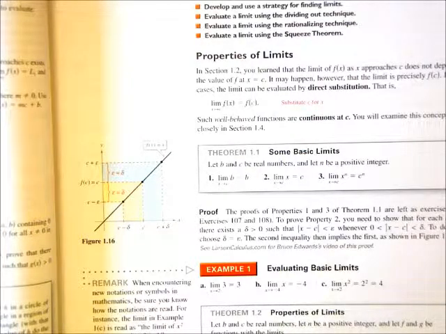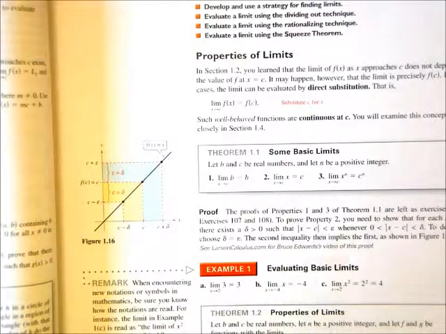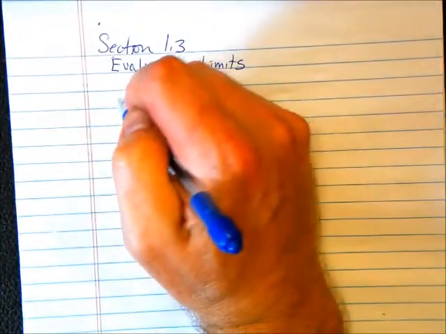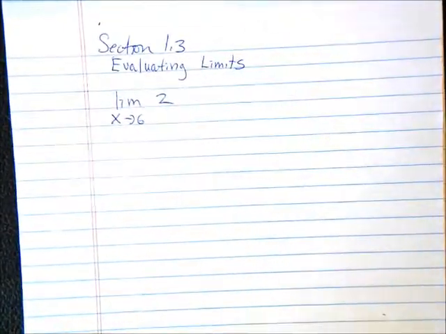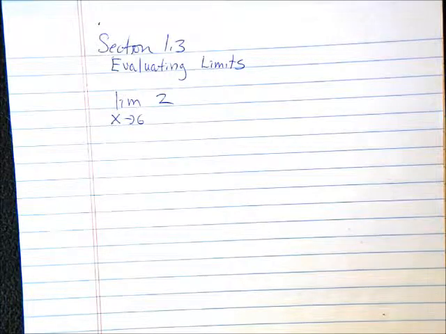Like f of x equals 2. What's the graph of f of x equals 2 look like? All lines are straight. It's a horizontal line. All right, so what's the limit as x goes to 6 of 2? 2, how come? The answer is always 2.